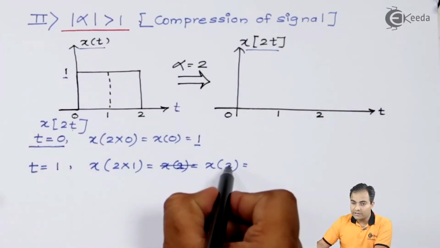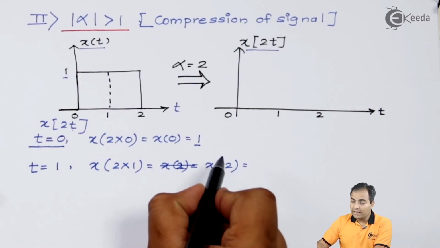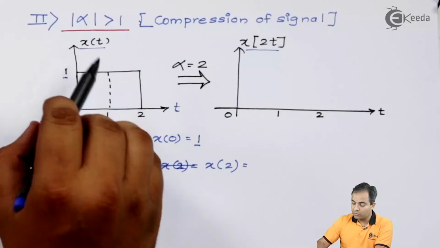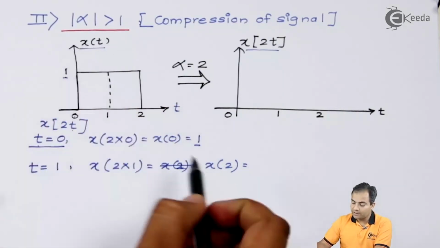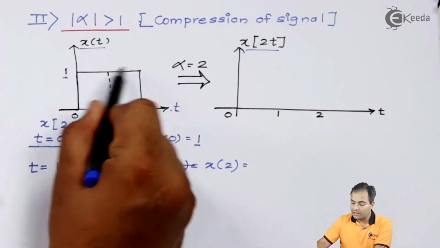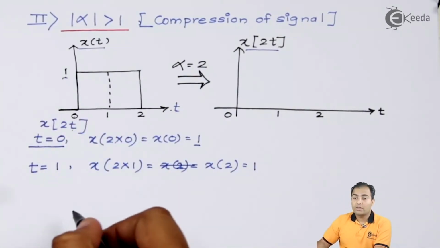So x of 2 stands for the value of t being 2, and at t equals 2, we have to find out the amplitude in the given graph. So I can say that in the x of t function, at t equals 2, this graph has amplitude 1. So here I'm going to write amplitude 1.